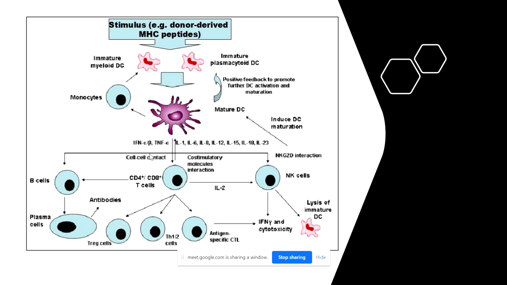Now both these non-classical and classical MHC class 1 molecules and MHC class 1 related antigens might be an important issue for future consideration during this stem cell transplantation process.